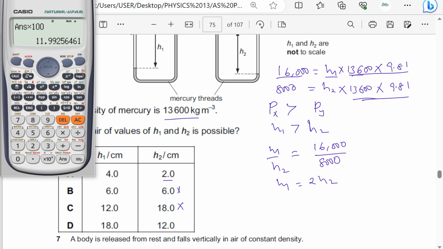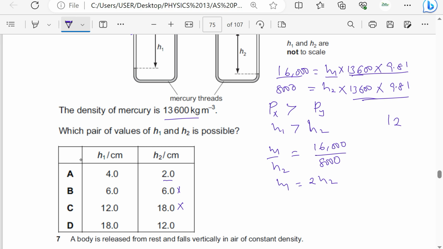That is 11 point, approximately 12. That is approximate. H1 would be approximately 12. And if H1 is 12, the other one should be 18. So that means the answer is going to be automatically D.